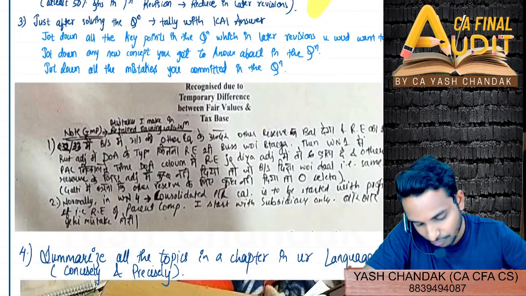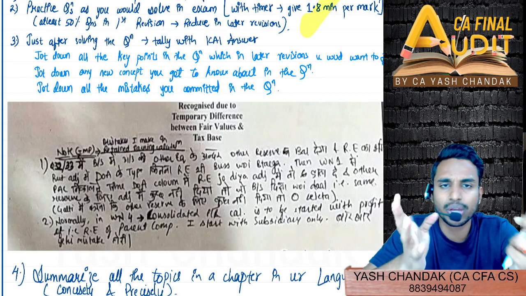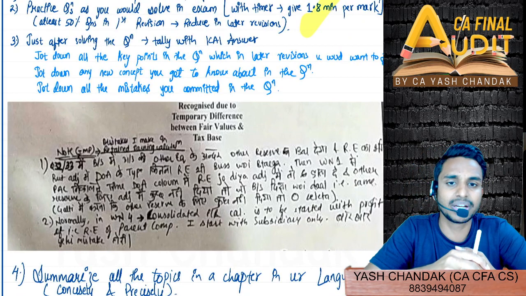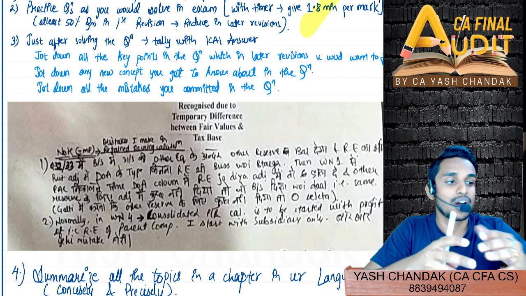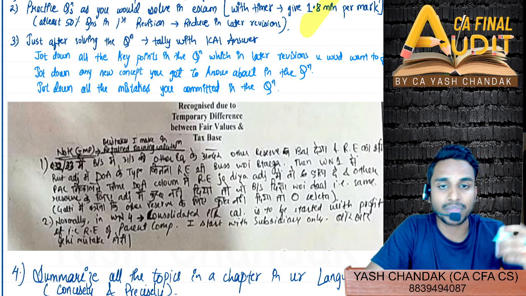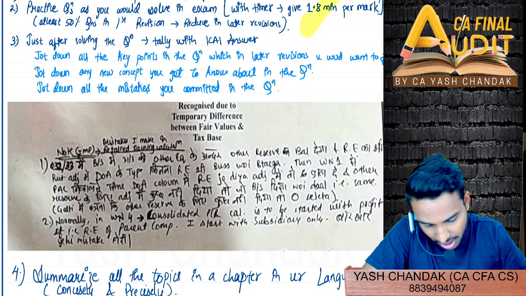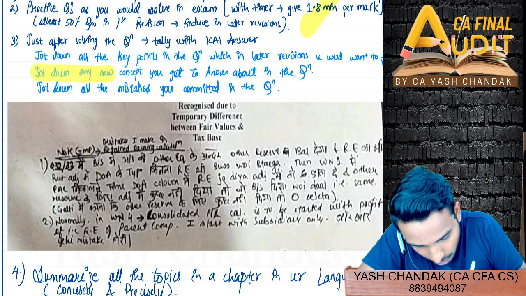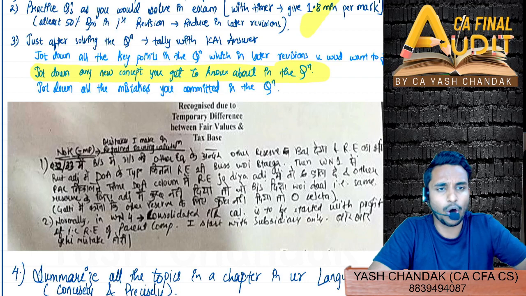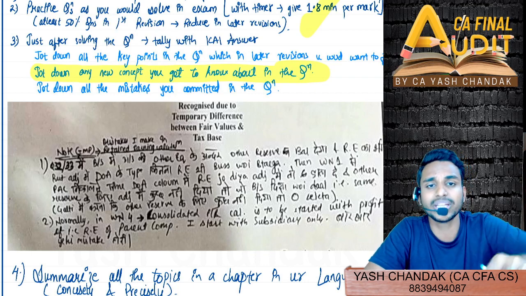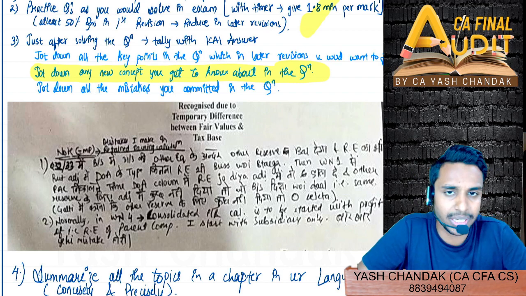Third tip, just following that: you gave 1.8 minutes per mark, let's say you were solving a 10 mark question, you gave 18 minutes, and you solved it in 16-17 minutes. Now just after that, give 10 minutes to evaluate what you solved. Did you tally with the suggested answer, with the ICAI answer? And while matching the ICAI answer, jot down any new concept you got to know about in the question, and the mistakes, either just beside the question or in a separate copy as well.